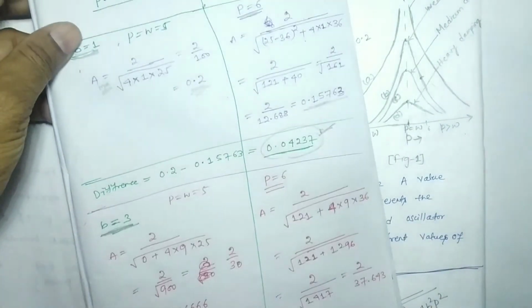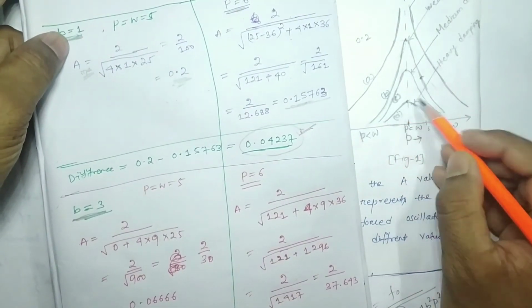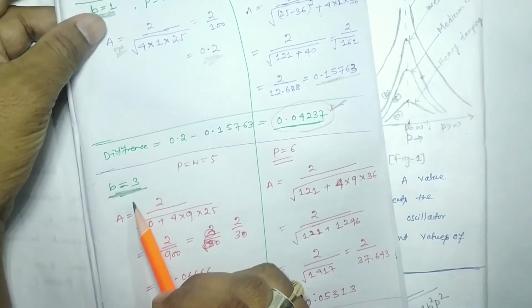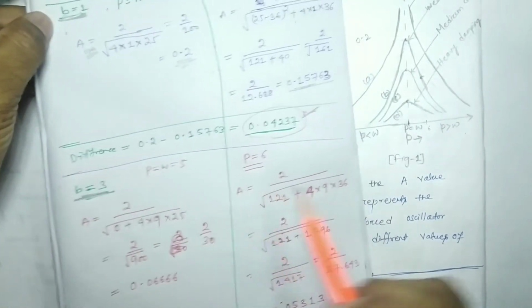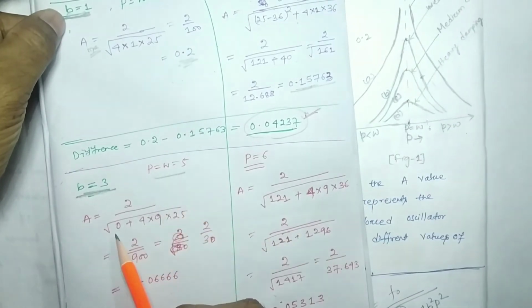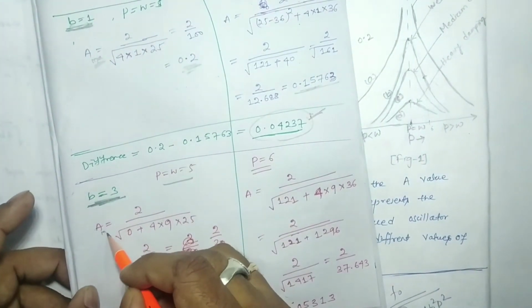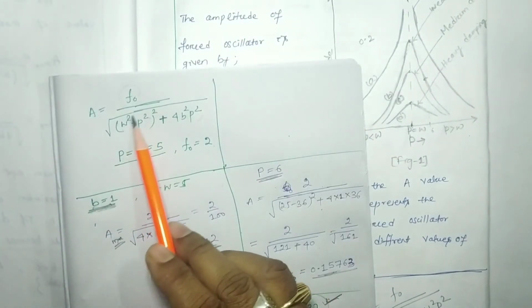Now we have to consider the other case, suppose the damping factor B equal to 3. Here the same, P equal to omega is equal to 5. Now we have to consider A max. A max means P equal to omega, so this factor will be 0.